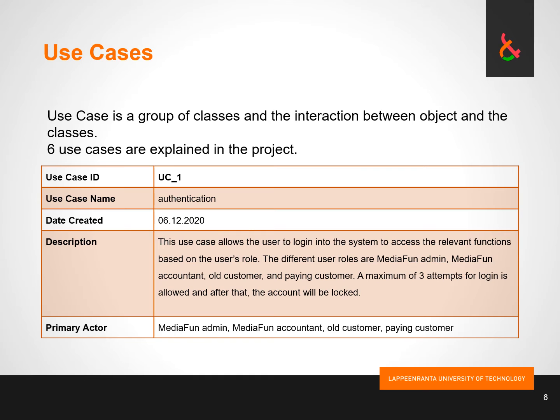For example, for use case ID 1, we have the name of the use case, that is authentication, the date that it was created, then a complete description of the use case, and finally the primary actors of the use case.